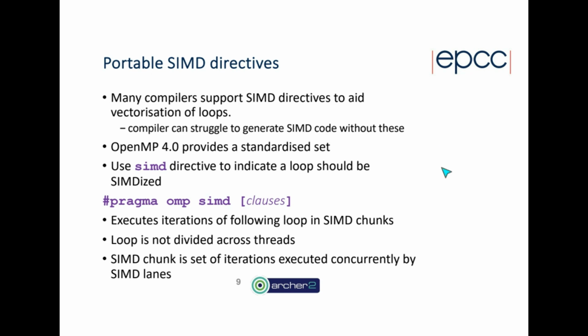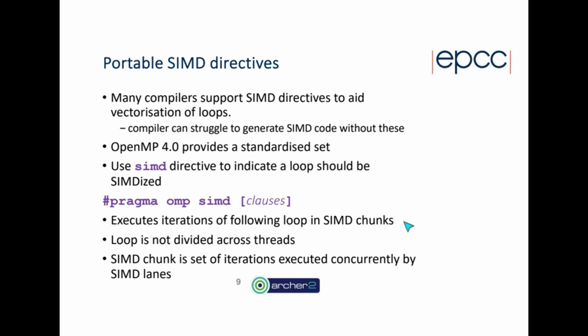So the most important directive here is the SIMD directive, which indicates that a loop should be SIMDized. It indicates that the compiler should generate vectorized instructions because the loop iterations are independent of each other. This applies to a loop, so it looks like hash pragma OMP SIMD, or $OMP SIMD in Fortran.